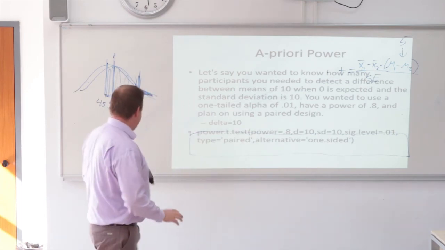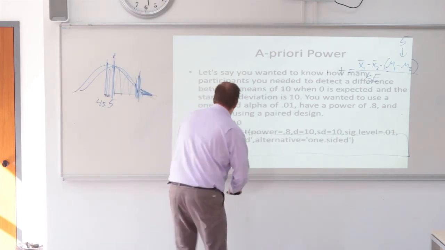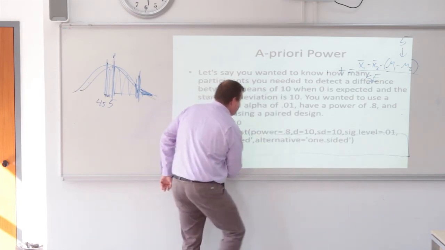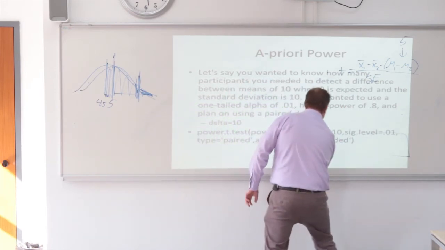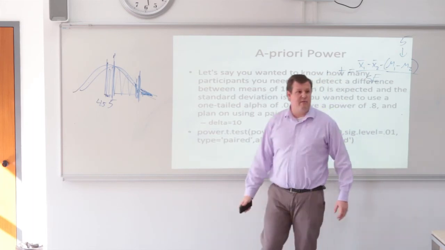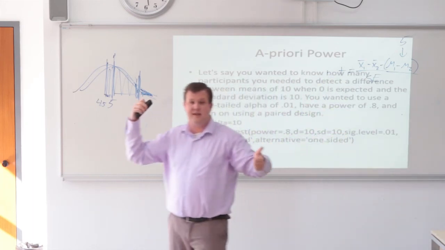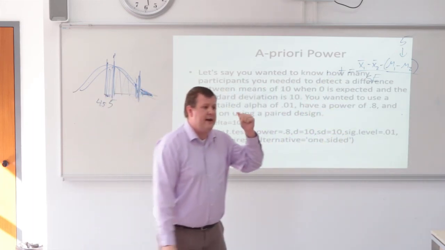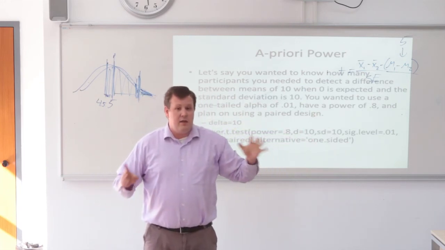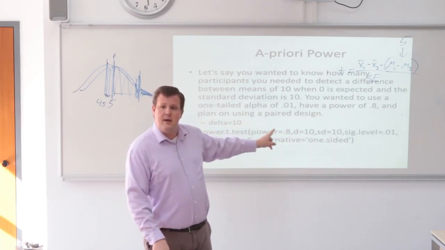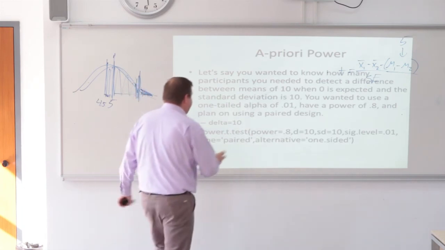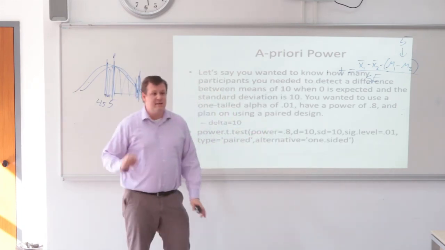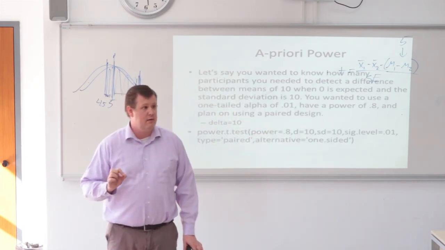But we said that we could also calculate power before we ever do anything. Now, the way that power.t-test is set up, you specify a lot of parameters, right? We've been specifying n, we've been specifying the standard deviation, we've been specifying delta. Well, the cool thing with power.t-test is you can specify the power instead of specifying n.